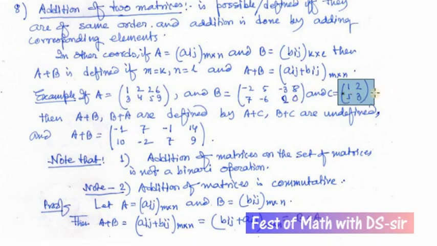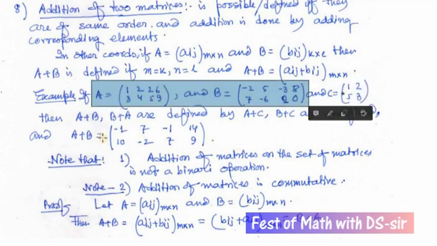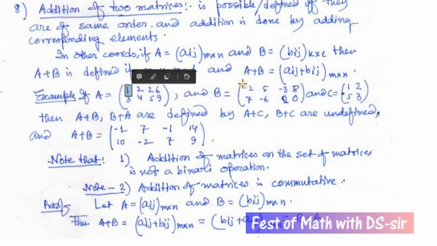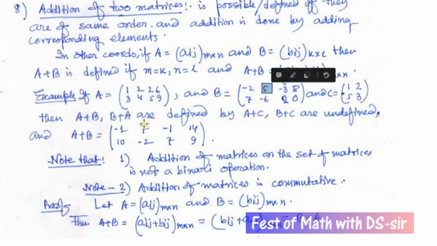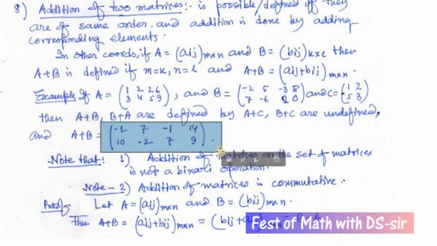So you can't add A to C or B to C, but you can add A and B. Now see A plus B: 1 is added with minus 2, that gives you minus 1. 2 is added with 5, that gives you 7, and so on. All other sums are done.